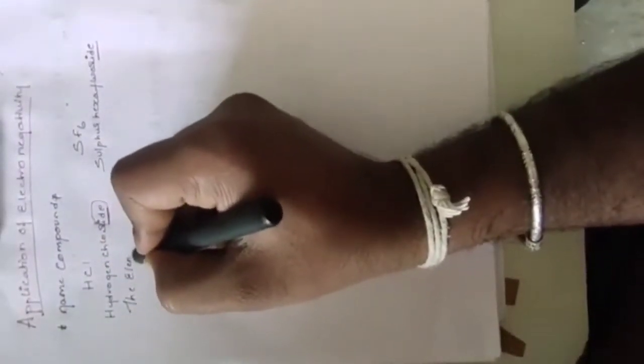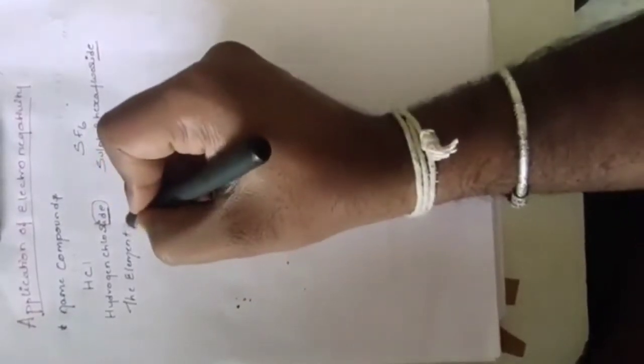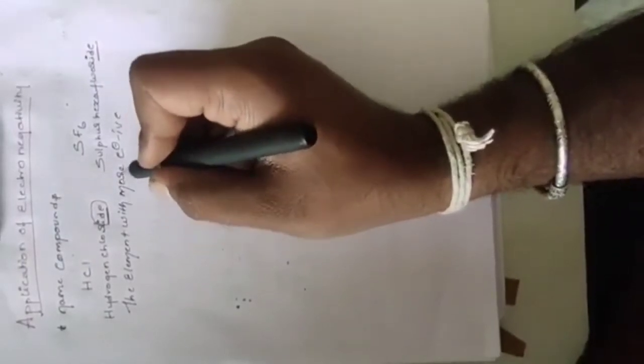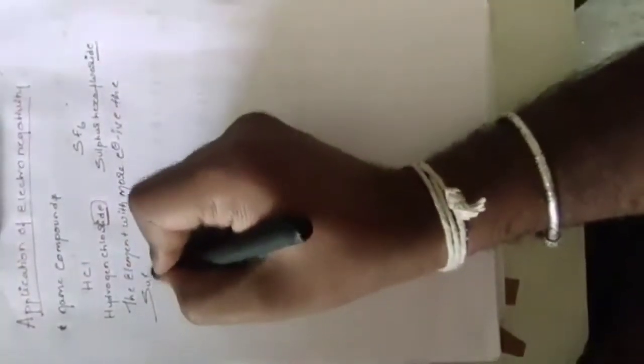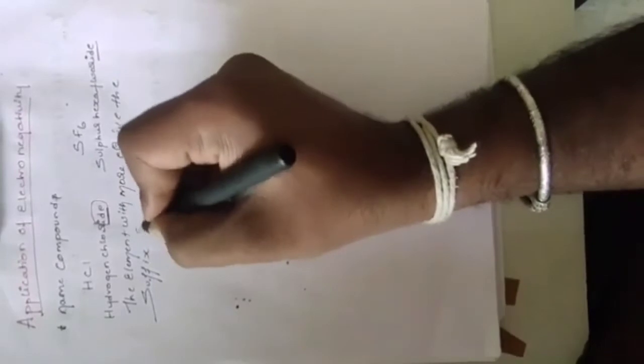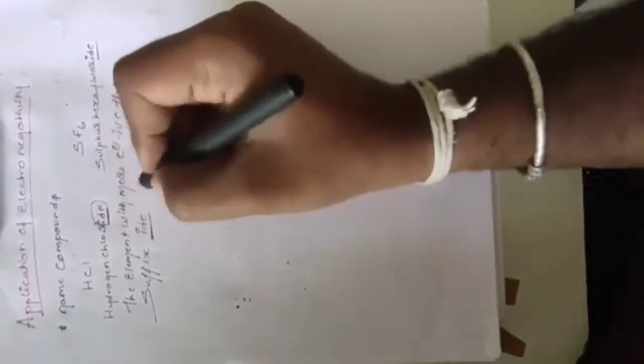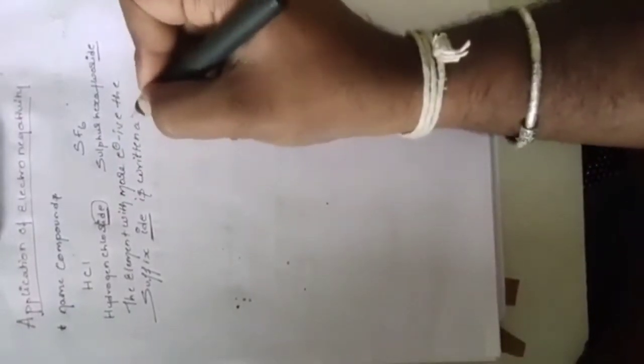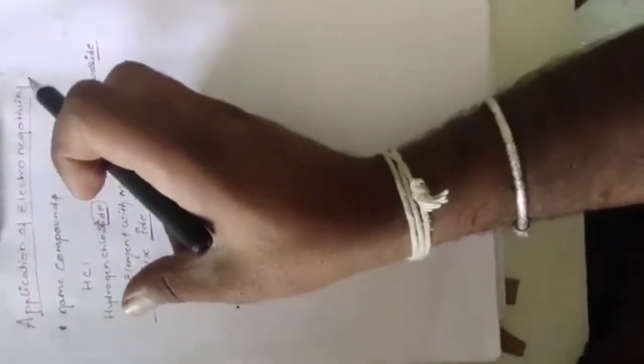Then we will write the element with more electronegativity with the suffix IDE. See, IDE is written at the end. It's the first rule for naming the compound.